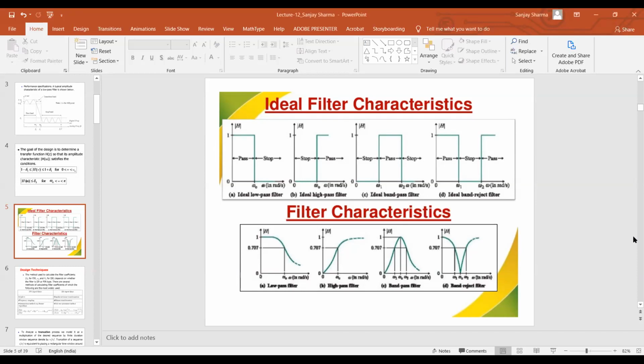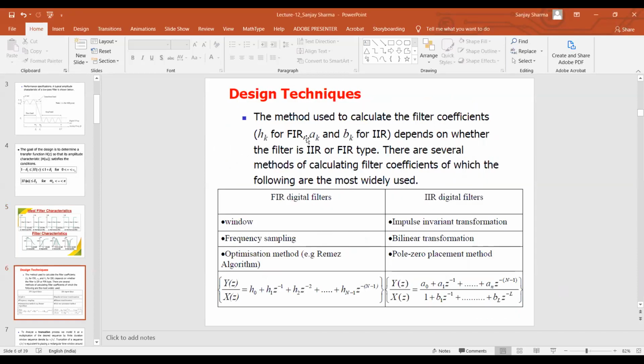Okay. Now, in my today's lecture, I will discuss FIR filter design, and that too I will discuss the window method of designing FIR filters. But there are other methods also, frequency sampling and the optimization algorithm, which is basically the Remez algorithm. So we will continue with these designs in the later classes.